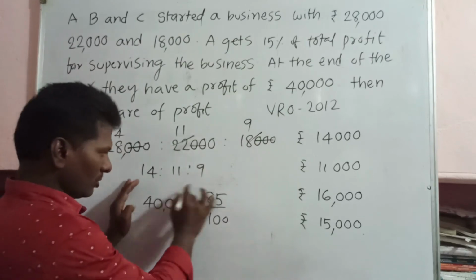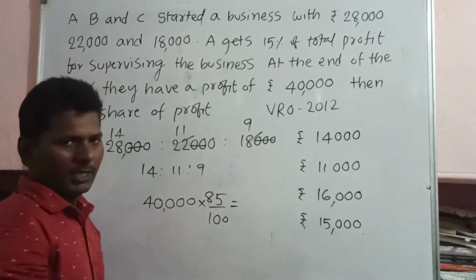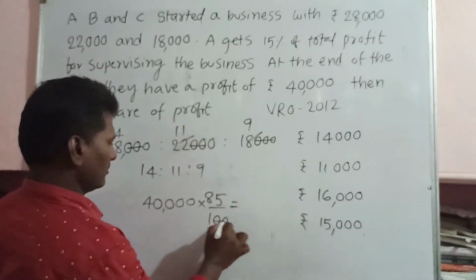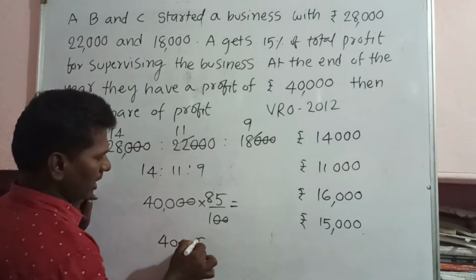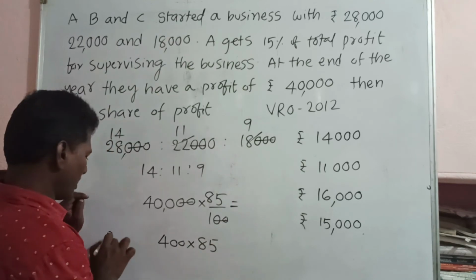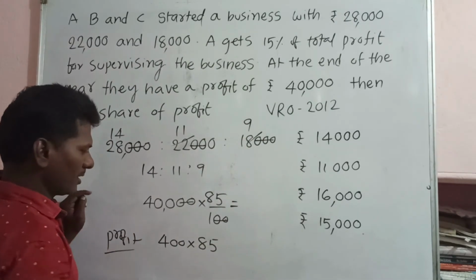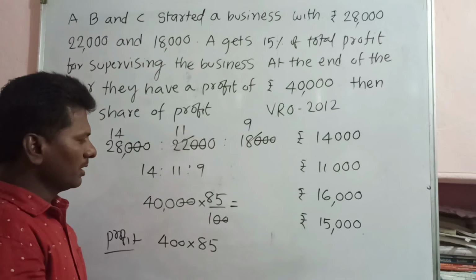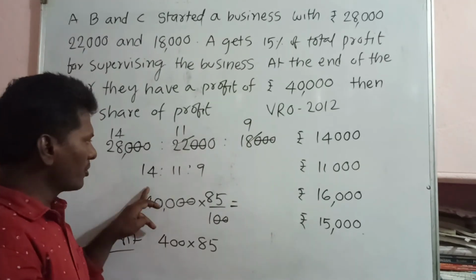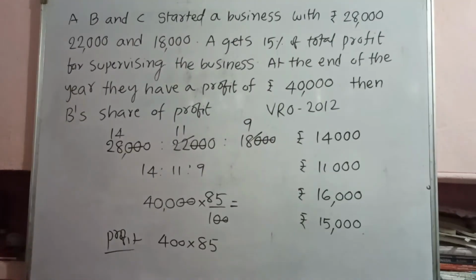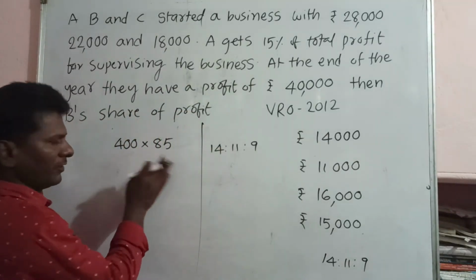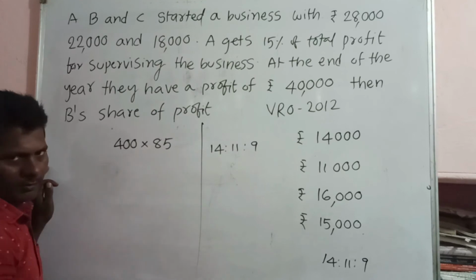So 40,000 into 85% is the remaining profit. This profit should be distributed in the ratio 14 is to 11 is to 9. So total profit is 400 into 85.